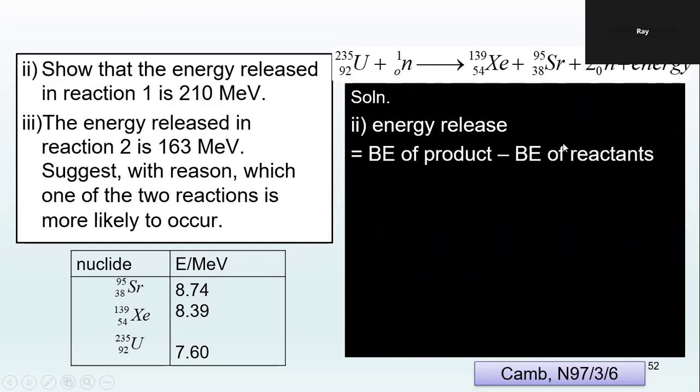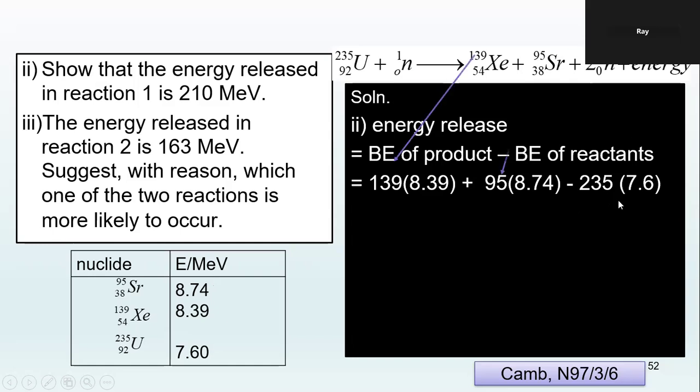Binding energy of product minus binding energy of reactants. That's 139 nucleons times your 8.339 and 95 nucleons times 8.74, minus 235 times its binding energy. This one doesn't have binding energy. We should get 211 mega electron volt.